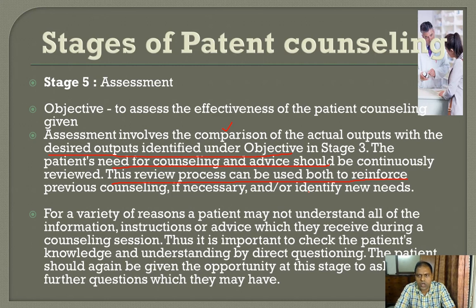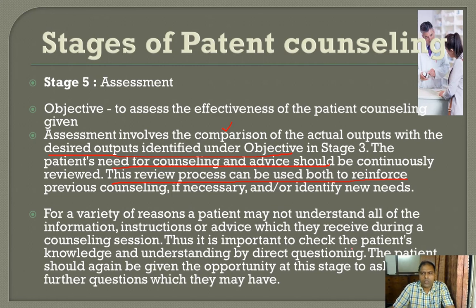If the patient is not following, find out why the patient is not following the guidelines. Is there any problem with following the guidelines? Did the patient understand? Does the patient need to be explained more? So all these you need to identify. For a variety of reasons, a patient may not understand all the information, instructions or advice they receive during a counseling session.